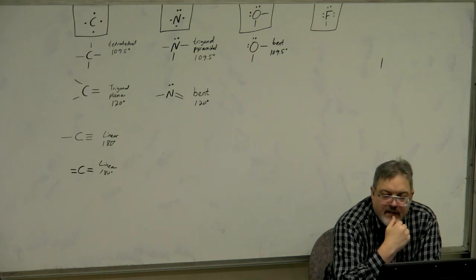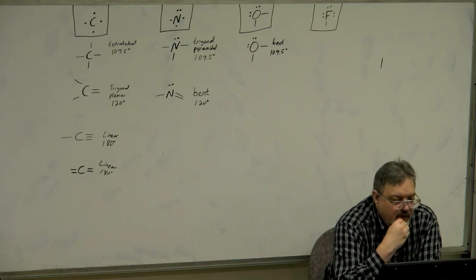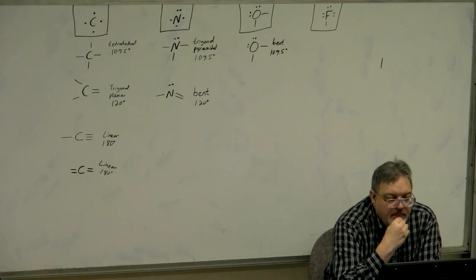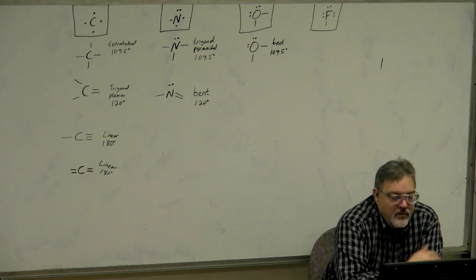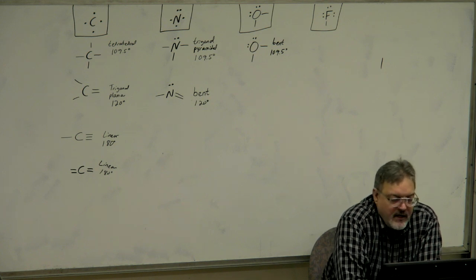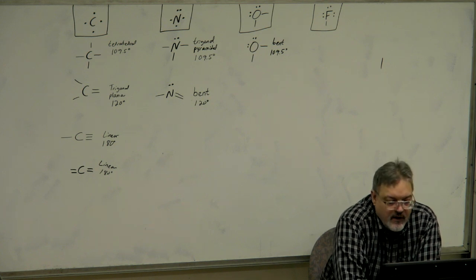That will be bent at 120 degrees. Anything below nitrogen, phosphorus, on down, I could replace that N with a P, and it's all still true. If you just memorize this handful of stuff, you don't have to think too deeply about molecular shape.